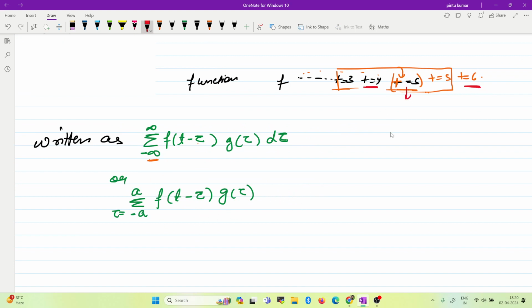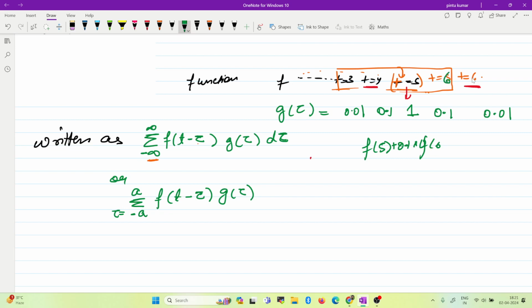For example, let's say I have some weights g of tau: 1 over here, 0.1 over here, 0.01 over here, 0.1 here, 0.01 here. Then it would look something like f of 5 plus 0.1 into f of 6.